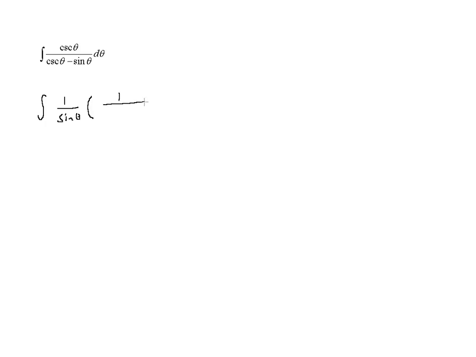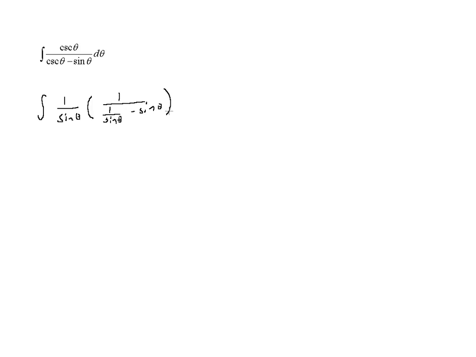I think this is much easier to do actually, and I'm not going to change this. Well, why not? I said I would, so I am going to. Probably could have just gone right there, and you know that sine times the cosecant is just 1. But anyway, I said I was going to change it to sine, so I am. So it's 1 over the sine of theta, which is the cosecant of theta, minus the sine of theta, d theta.